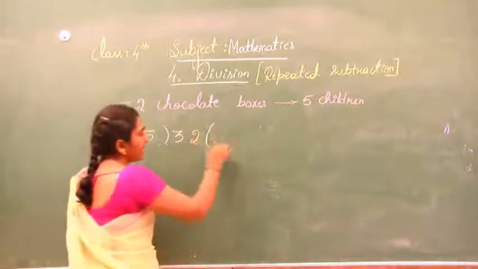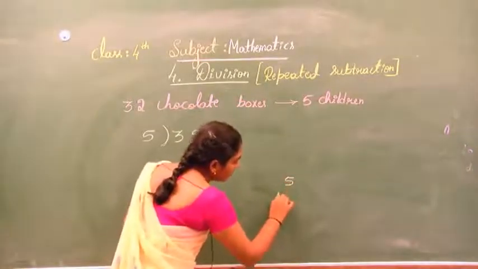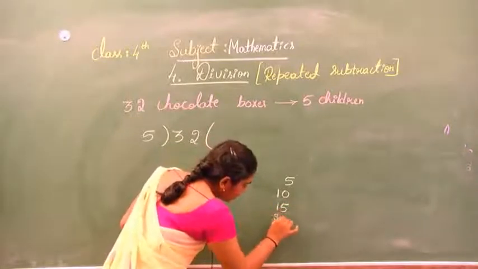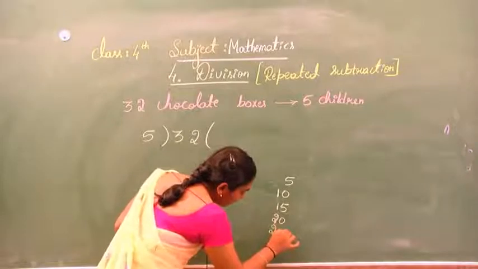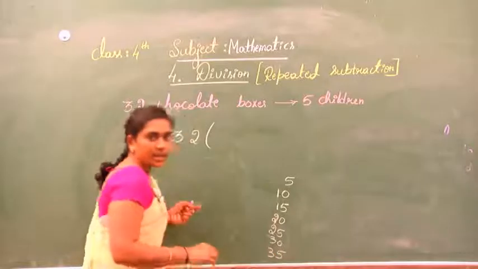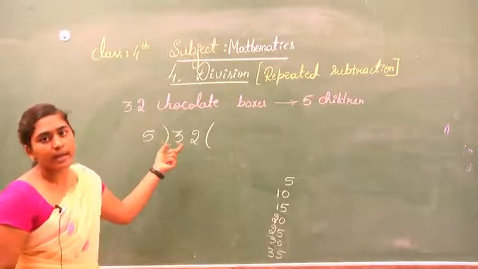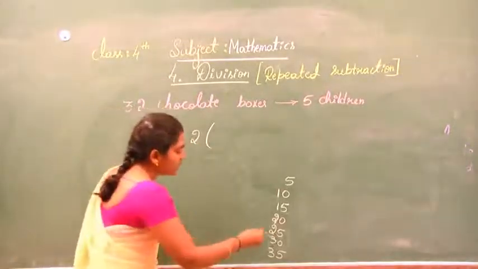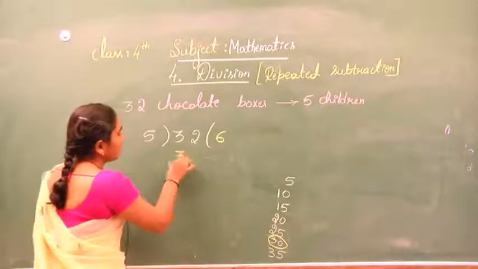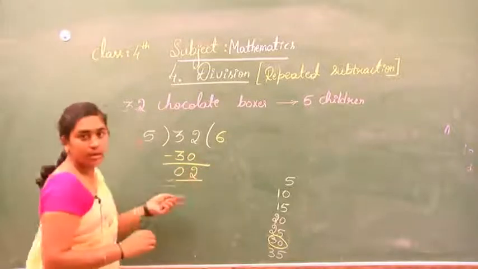The 5 table you need to write, I'll write in one corner. 5 ones are 5, 5 twos are 10, 5 threes are 15, 5 fours are 20, 5 fives are 25, 5 sixes are 30, 5 sevens are 35, and so on. Now which is nearer to the number 32 and less than 32? Yes, which is 30. 30 is nearer, which is 5 sixes are 30. 2 is the remaining number.